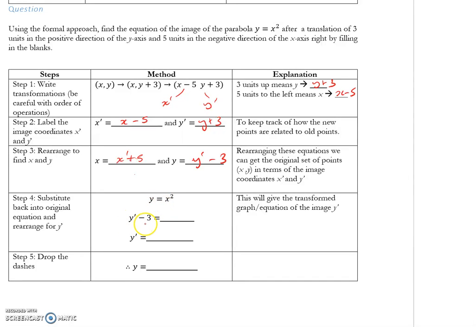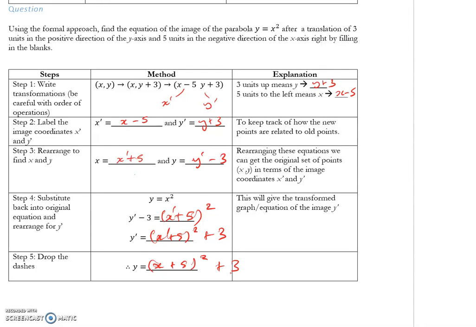So y dash minus 3 equals (x dash plus 5) squared. And then add 3 to both sides, you get y dash equals (x dash plus 5) squared plus 3. And then finally you just drop the dashes, so y equals (x plus 5) squared plus 3.